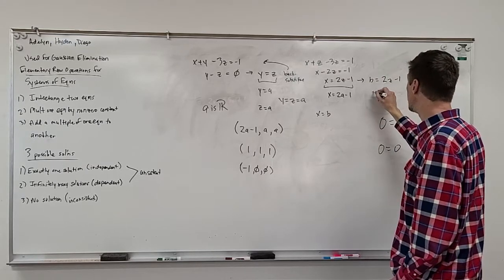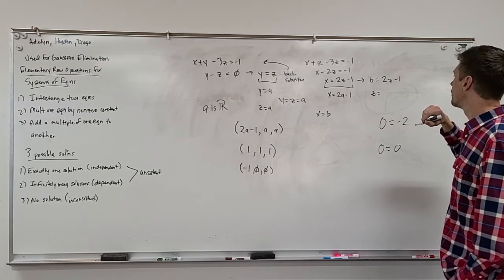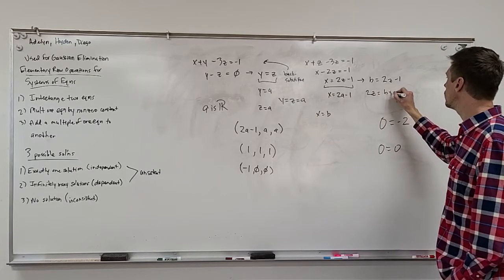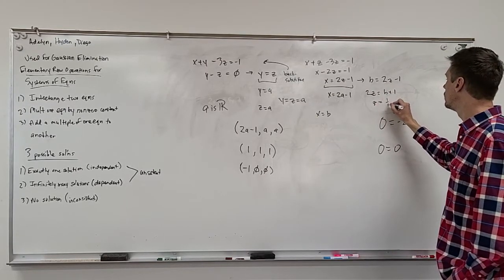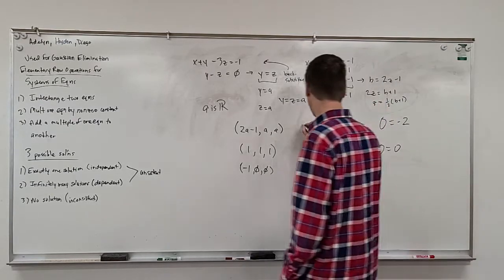And so if I solve for z, 2z equals b plus 1, and then we multiply through by a half, and so z equals 1/2 b plus 1/2. And since z is equal to a, I could have had something that looked like this.